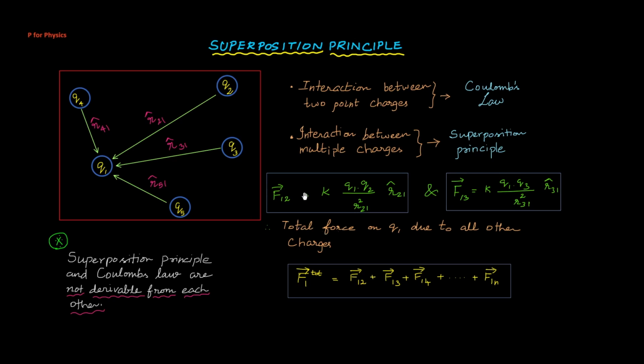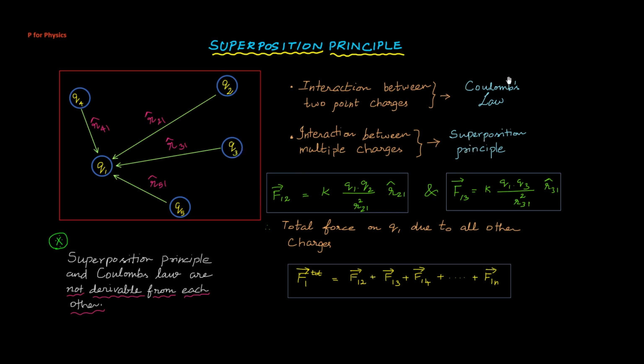So now we understand that there is a close association between Coulomb's law and superposition principle. We have seen that Coulomb's law forms one of the most fundamental laws when it comes to electrostatics. If we want to find the interaction between any two point charges, we have only Coulomb's law at our hand. And for interaction between multiple charges, that is, when we blow up this idea into a more realistic situation, we go for superposition principle.